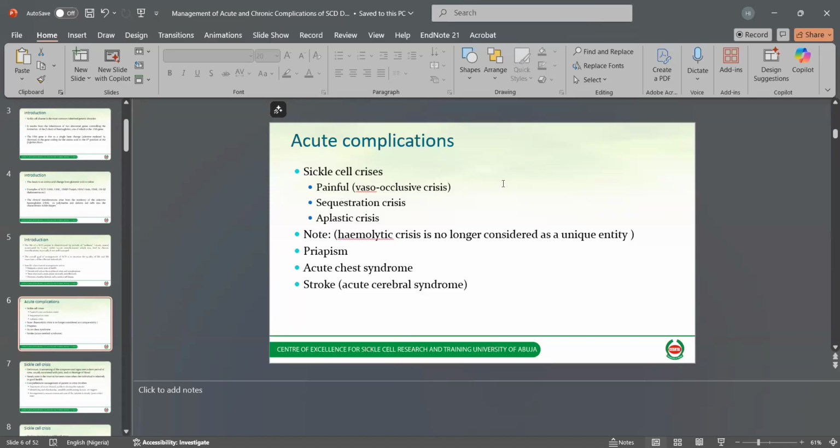Hemolytic crisis is no longer considered an entity because sickle cell disease itself is a hemolytic state, and there's always ongoing hemolysis, with varying degrees depending on the individual.